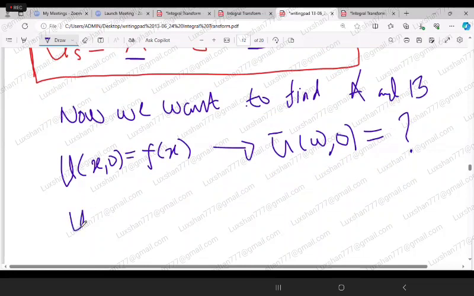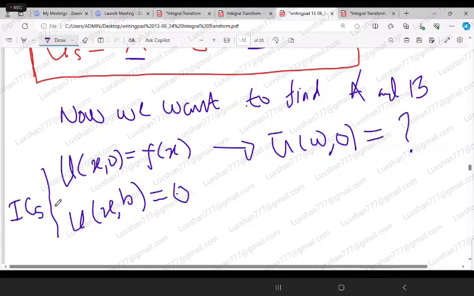Similarly, we have u(x, b) equals 0. These are the initial conditions. So we want to find the corresponding conditions of the Fourier transform. So we want to find u bar(ω, b) equal to what?